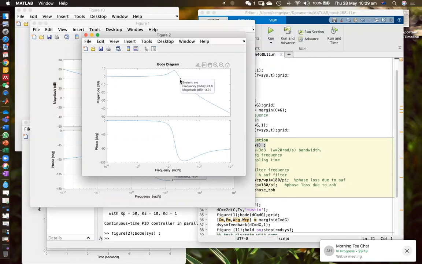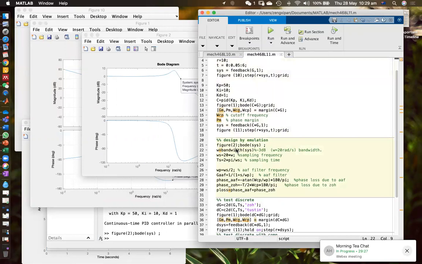And this is our bandwidth. So omega over here is 24. That's our bandwidth. But you've got a command in MATLAB, just say bandwidth of the system. It gives you the bandwidth, so you don't have to read from the graph. But I do both ways, just to make the visualization easier.